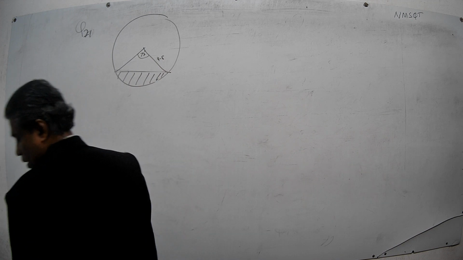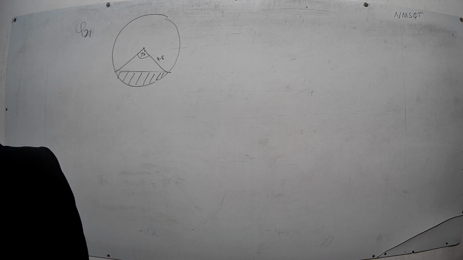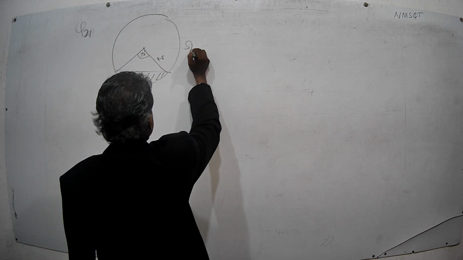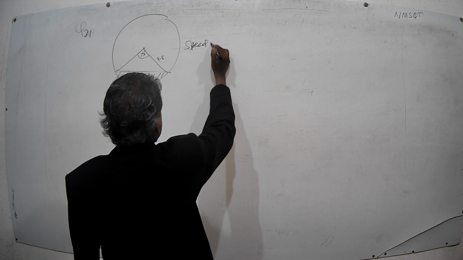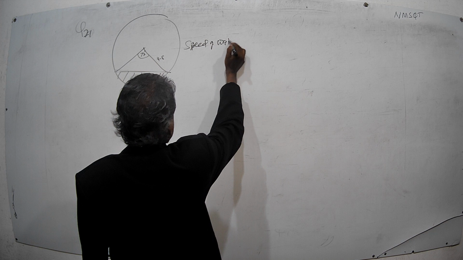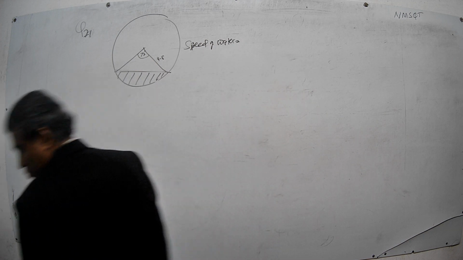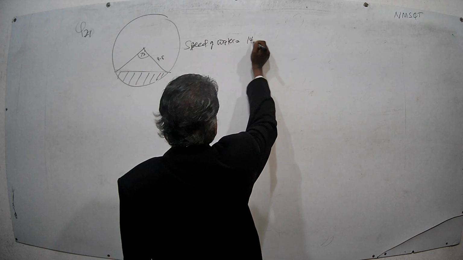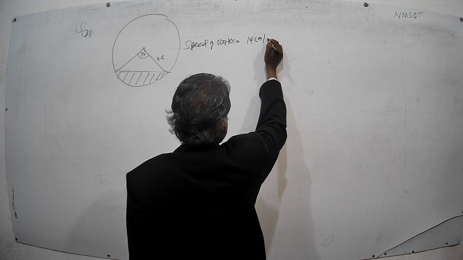They say the shaded region in the diagram represents the water flowing in the pipe. The water flows at a speed of 14 centimeters per second.